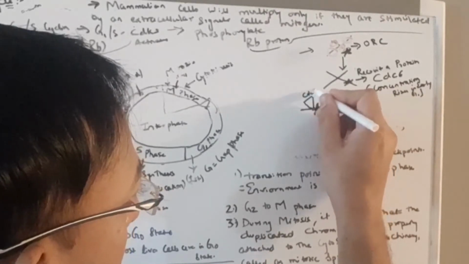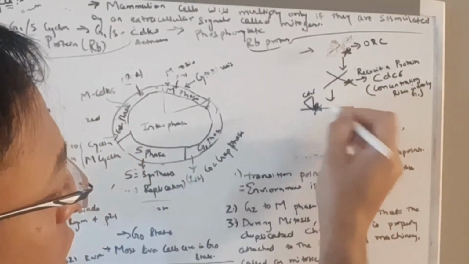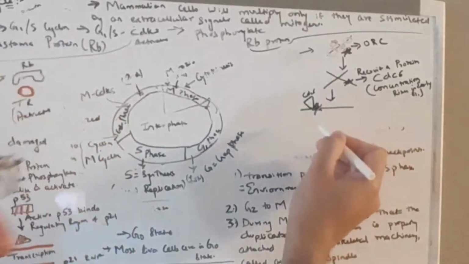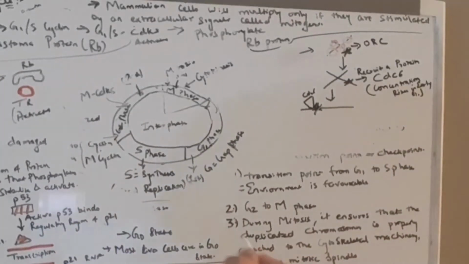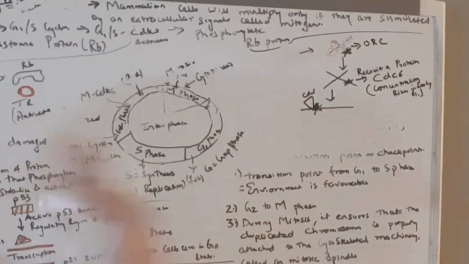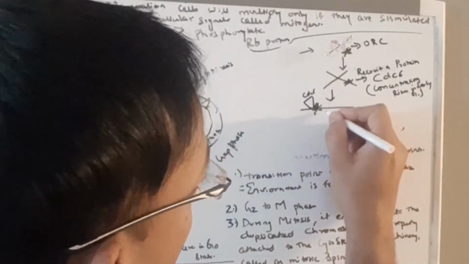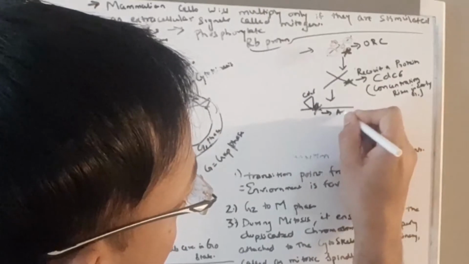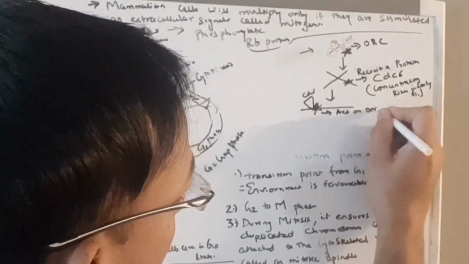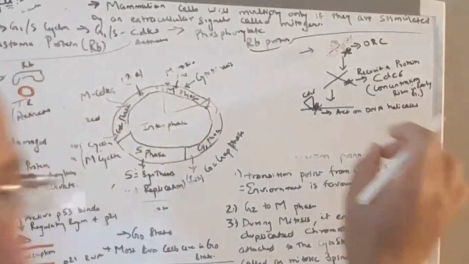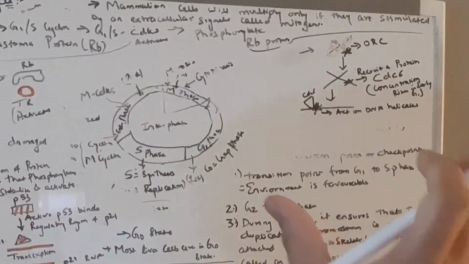I will put CDC6 here, so this will join the ORC. Together, the proteins CDC6 and ORC will start opening the DNA helix, right? And it will become ready for the origin of replication. Both will act on the DNA helicases, and it will open up the DNA helicases, right?